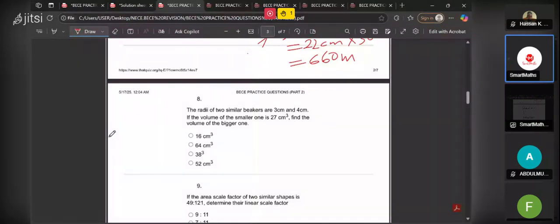Okay, for question 8, this is volume. The one that is not volume, maybe centimeters, meters, or whatever, is called linear. How you are going to identify volume is that the unit is meters cubed or centimeters cubed. That's volume.